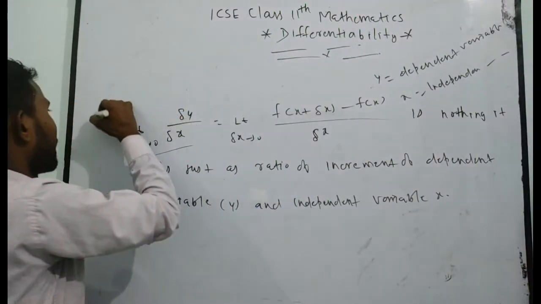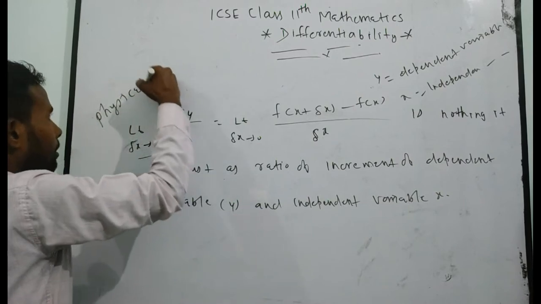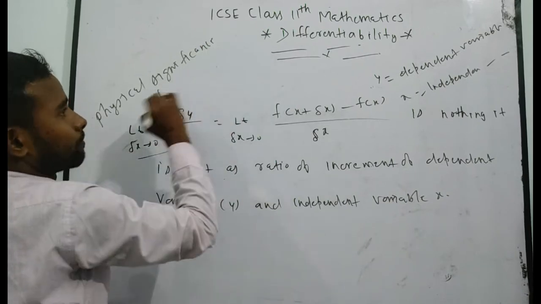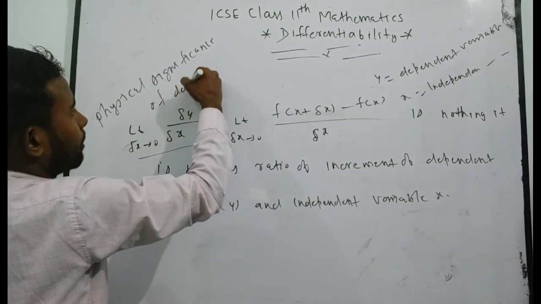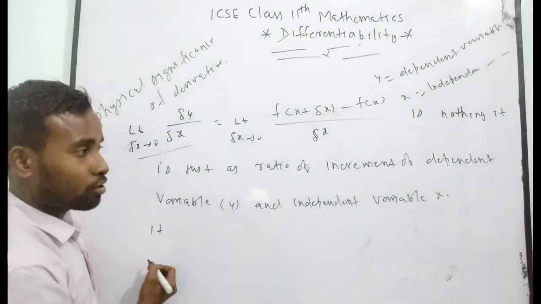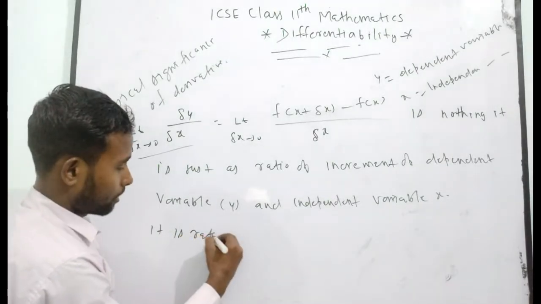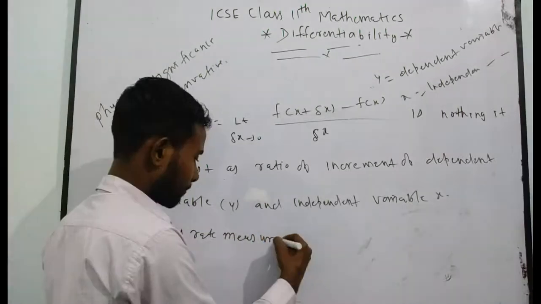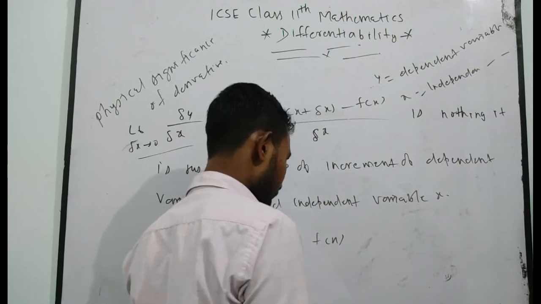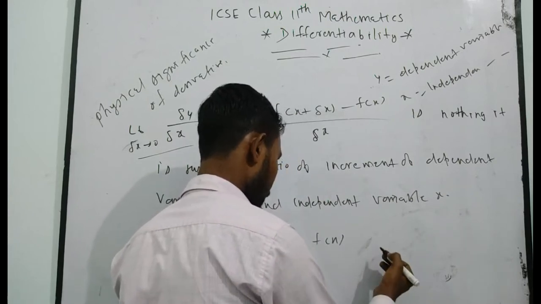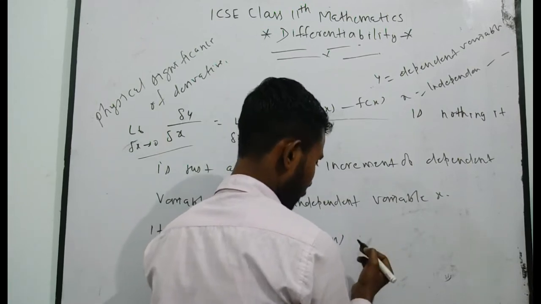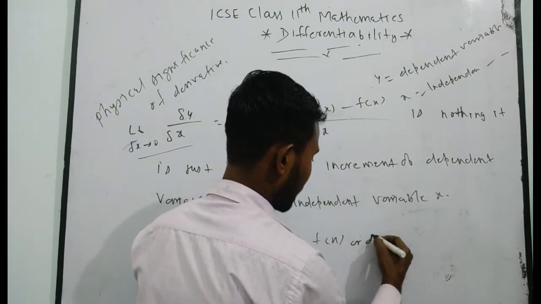It is the physical significance of the derivative. You can also write here it is a rate measure of f(x), or the dependent variable.